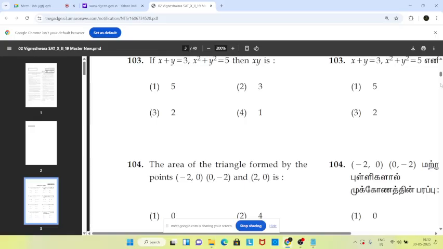Anyway, no problem. Okay, read this question 103. Yeah, one of you. If x plus y is equal to 3, x square plus y square equal to 5, then xy is?